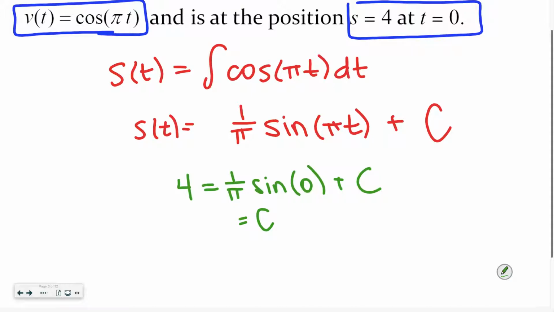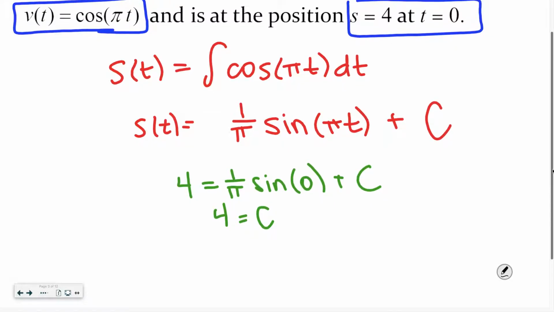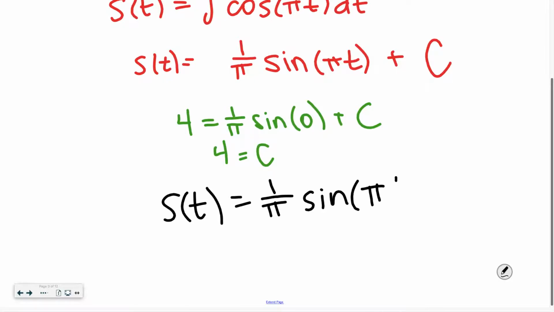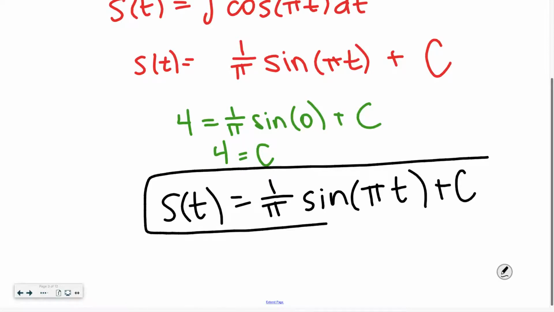What's the sine of 0? 0, so C is 4. So our position equation is 1 over pi sine of pi t plus c. That would be plus 4.